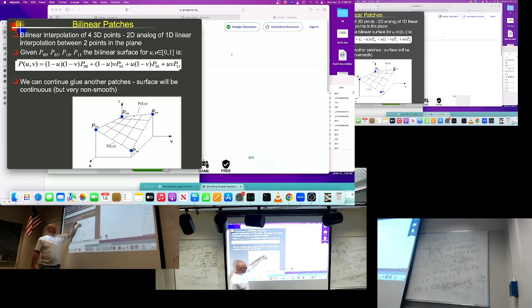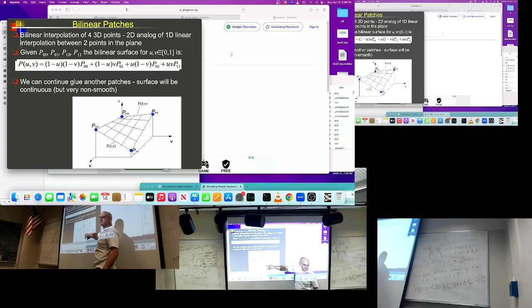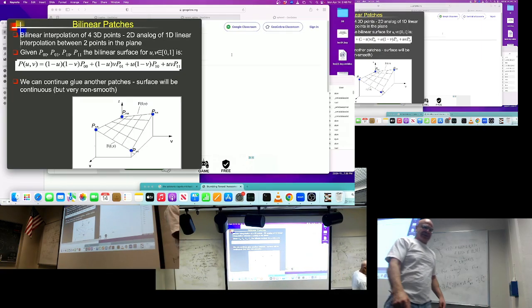Sorry for the poor state. And I'm going to describe a surface written as follows: (1 minus u)(1 minus v) P00 plus, well, you need to read all the way up to uv P11. Let's play with this surface.